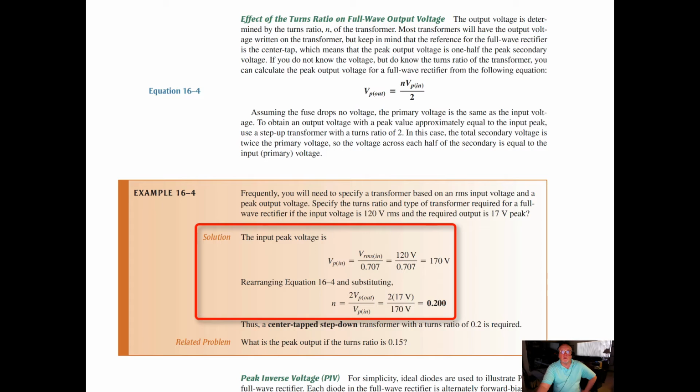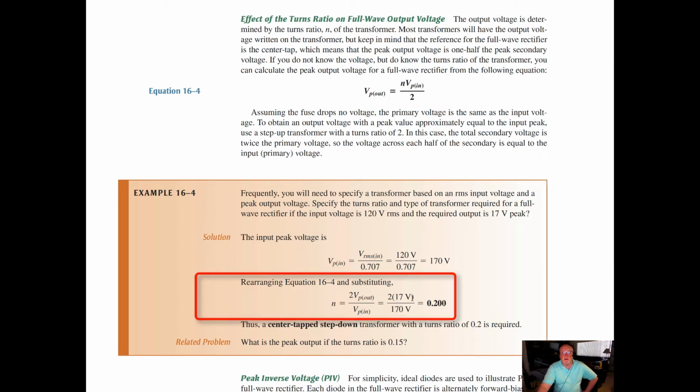120 volts divided by 0.707 gives us 170 volts peak. Now, rearranging the relationship in 16.4 and substituting the value we got at the top of the page, N is equal to 2 times V peak out divided by V peak in, and you can see the voltages cancel out, leaving N as just a number.